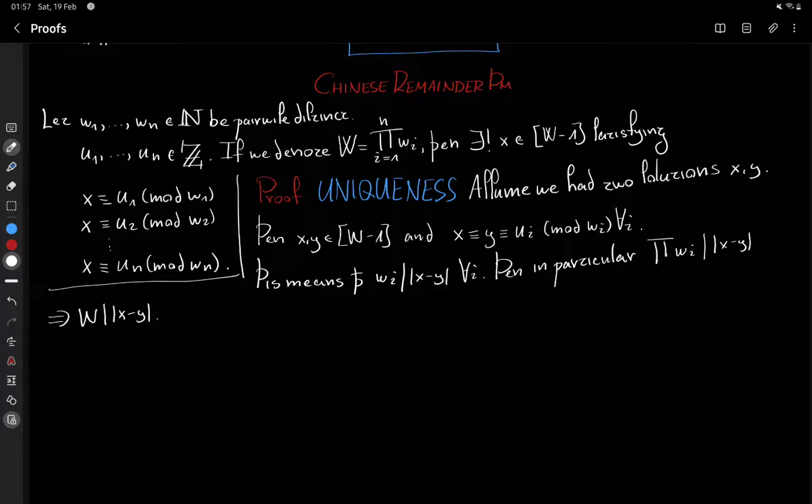Well, the only way this could make sense is if X minus Y was 0. And this means that X is equal to Y. And we have thus proven that if the solution exists, it is unique.